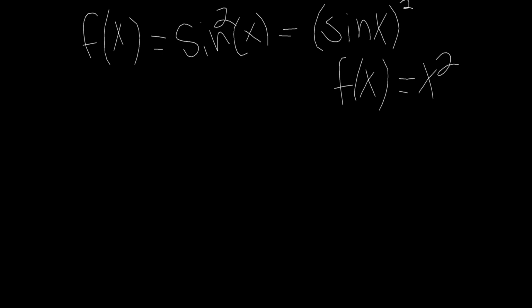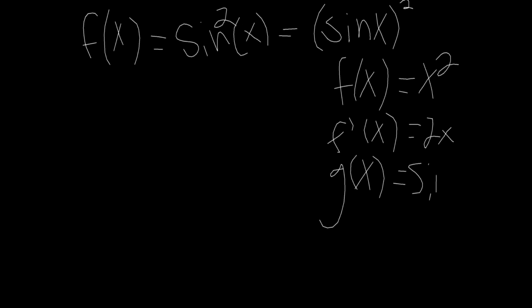And then we know that the derivative of f of x is just going to be 2x. And what we input into x is just sine of x. So we see g of x equals sine of x. And the derivative of sine of x is just going to be cosine of x.